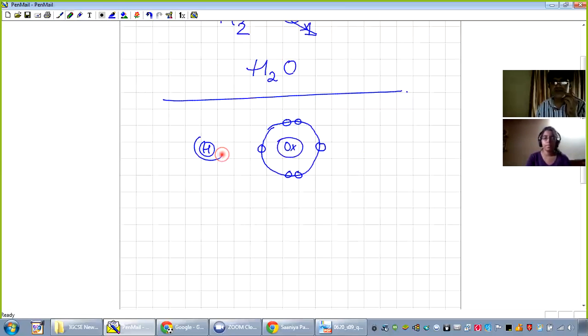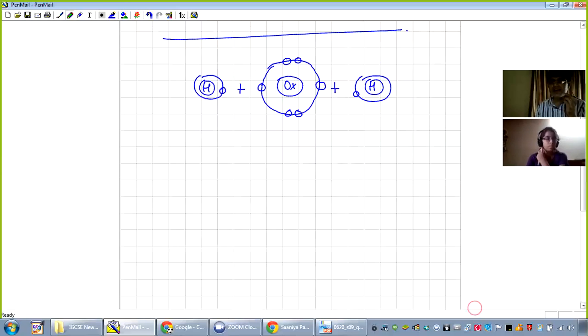This is a hydrogen atom, which has 1 electron. I'm going to draw another hydrogen atom over here with a single electron. When hydrogen and oxygen combine, the orbits of the oxygen atom get overlapped like this.